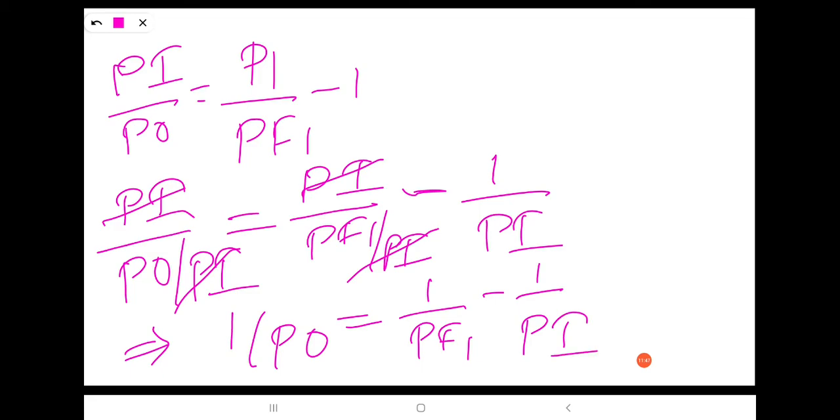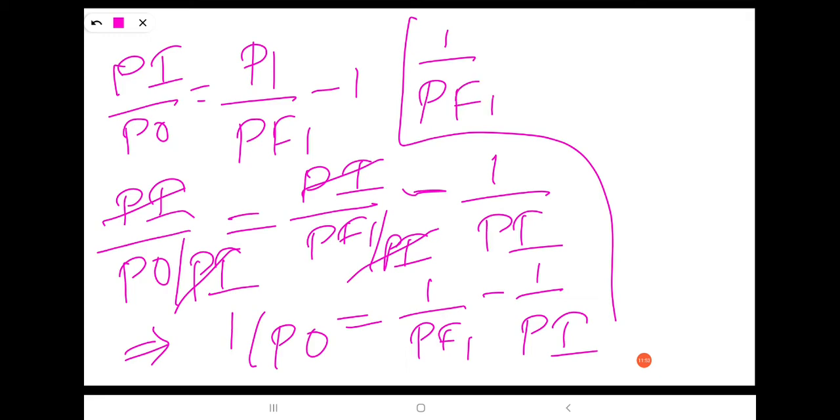So from this we can write 1 by PF1 equals 1 by PO plus 1 by PI.